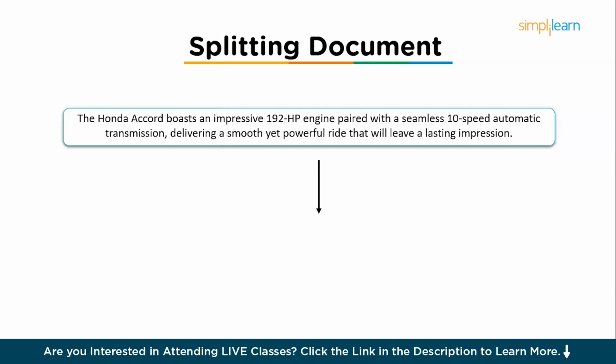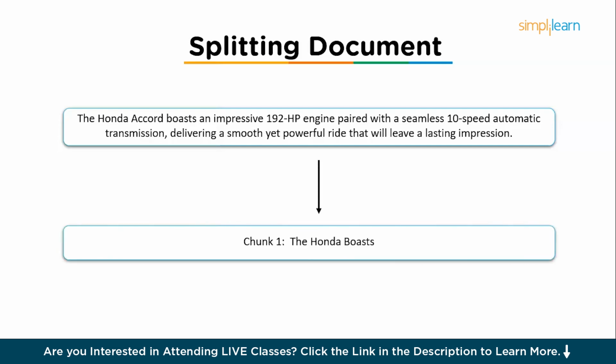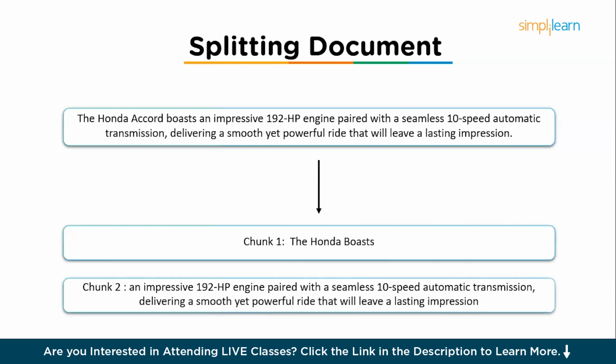Chunk 1 would be "the Honda boasts", and chunk 2 will be the rest: "an impressive 192 HP engine paired with a seamless 10-speed automatic transmission, delivering a smooth yet powerful ride that will leave a lasting impression." And we are trying to answer one question: what are the specifications of the Honda? But here is the tricky part. Neither chunk alone can answer the question. So how you split the information is very important to get the relevant chunks of information.